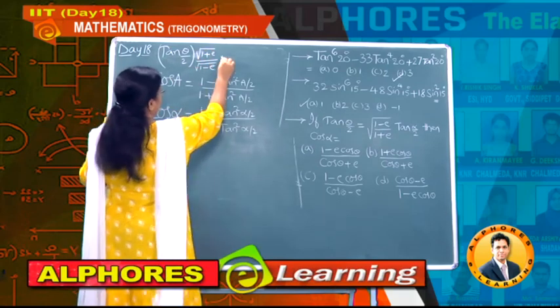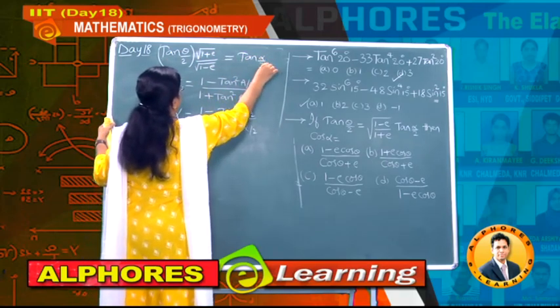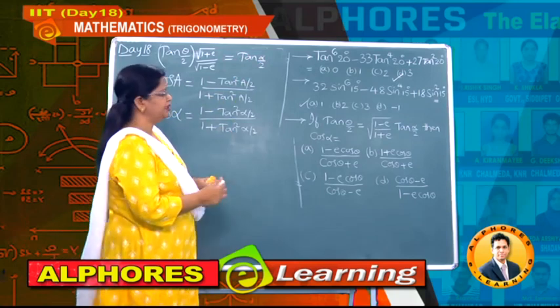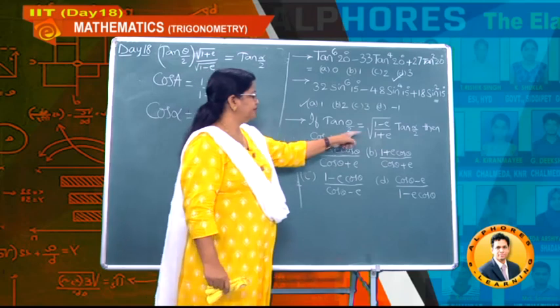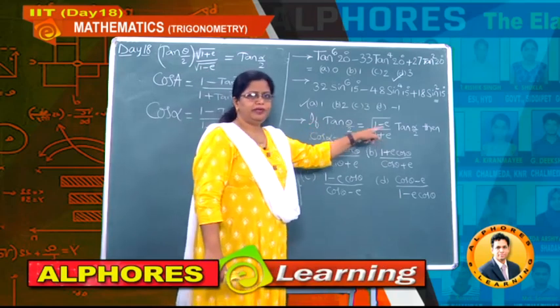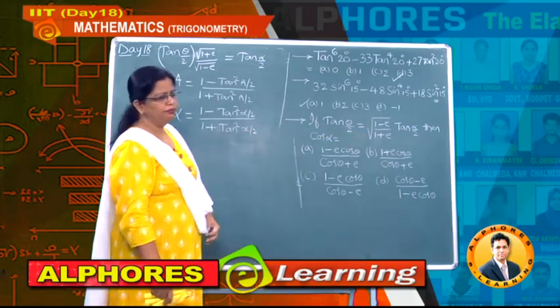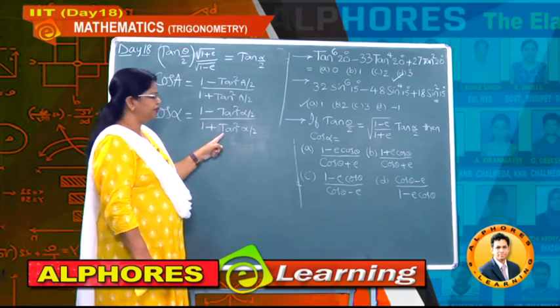Understand? And that equals how much students? So this is tan alpha by 2. I have just done cross multiplication here. Understand? That means root of (1 plus e) by (1 minus e) into tan theta by 2 is tan alpha by 2. Okay. Now let us substitute this tan alpha by 2 here.